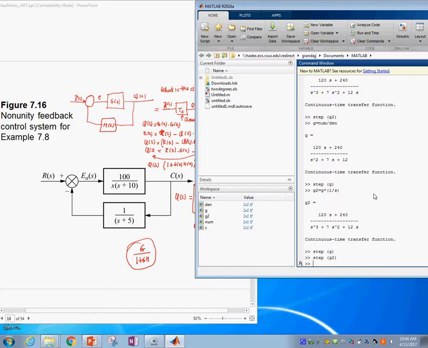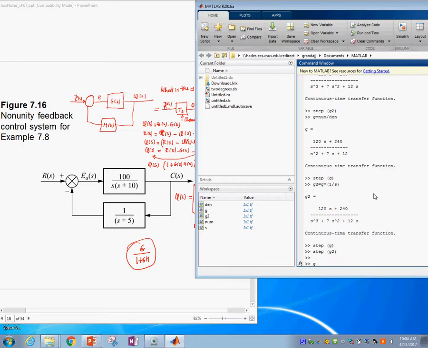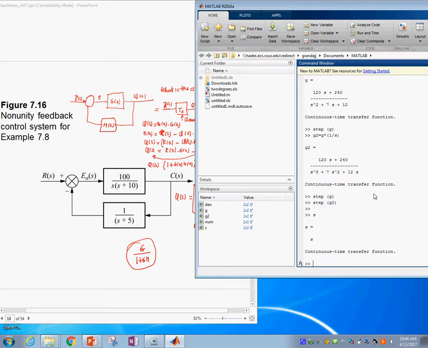Let's define first what G is. In this particular case, we have defined S as a transfer function variable before that.